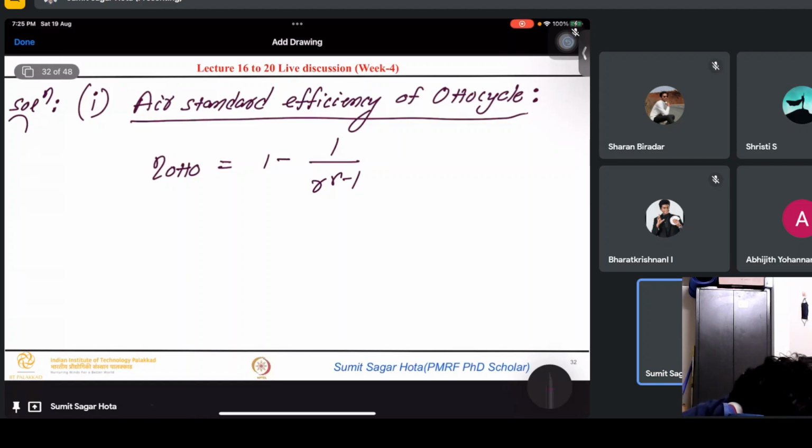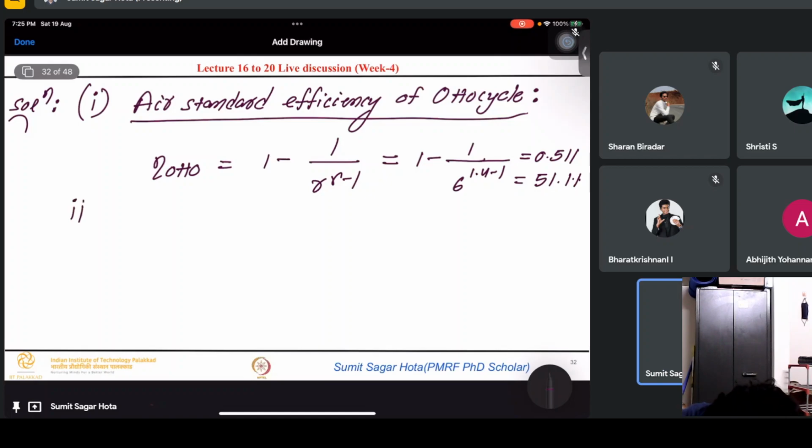So what is r? Compression ratio. Efficiency equals 1 minus 1 by r to the power gamma minus 1, that is 1 minus 1 by 6 to the power 1.4 minus 1. It is 0.511, that is 51.1%.